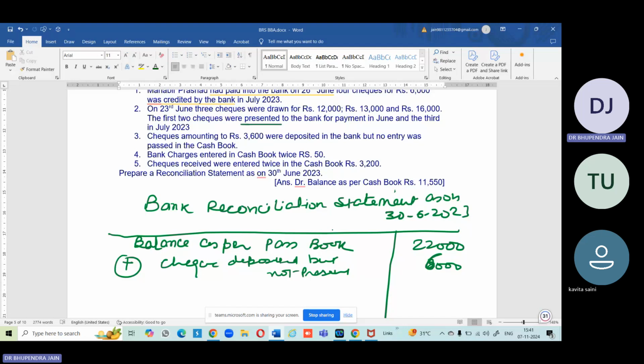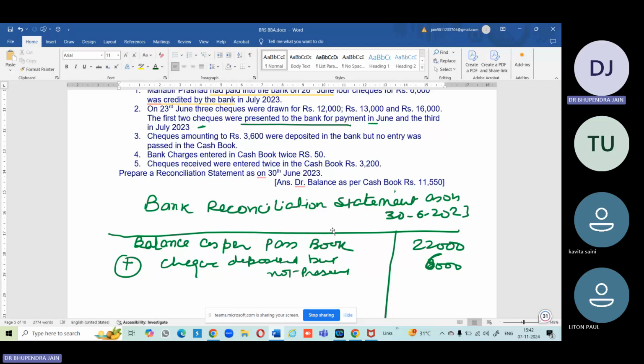Clear ji? Next. On 23rd June, 3 checks are drawn for rupees 12,000, 13,000 and 16,000, and first 2 checks have been presented to bank for payment in June, but the third in July. Well, at the time of issue of a check, the accountant has already passed the entry of rupees 12,000, 13,000 and 16,000.